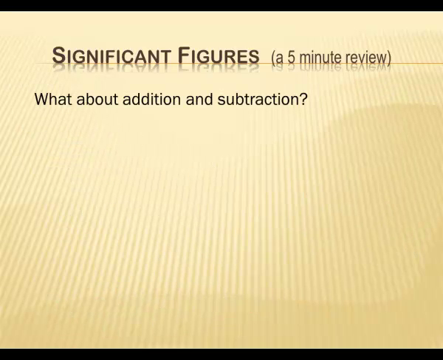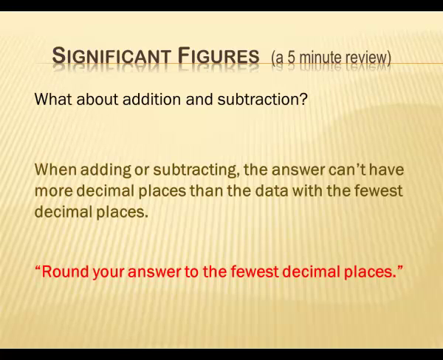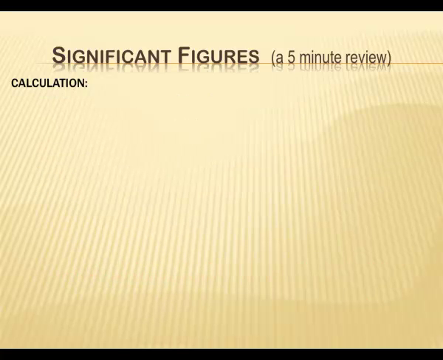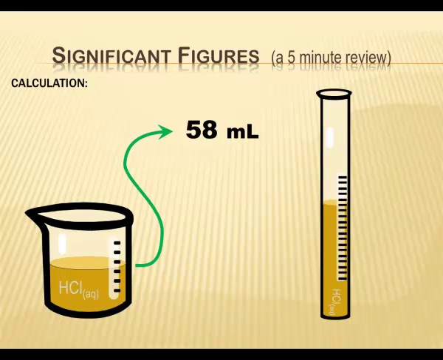Now let's look at addition and subtraction. Addition and subtraction is easier. When adding or subtracting, the answer can't have more decimal places than the data with the fewest decimal places. Or, round your answer to the fewest decimal places. Let me give another example. Let's take 2 liquids, which we'll add together. For the beaker on the left, we measure 58 milliliters.